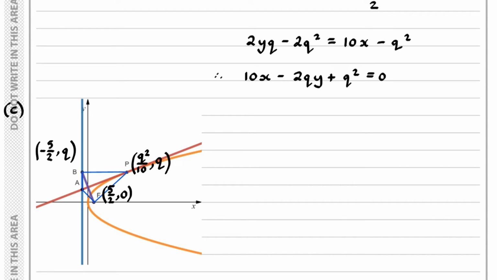So here is the coordinate of B. And what we also need to do is find out the coordinates of A. So to find out the coordinates of A, we need to find out where this tangent intersects the directrix.